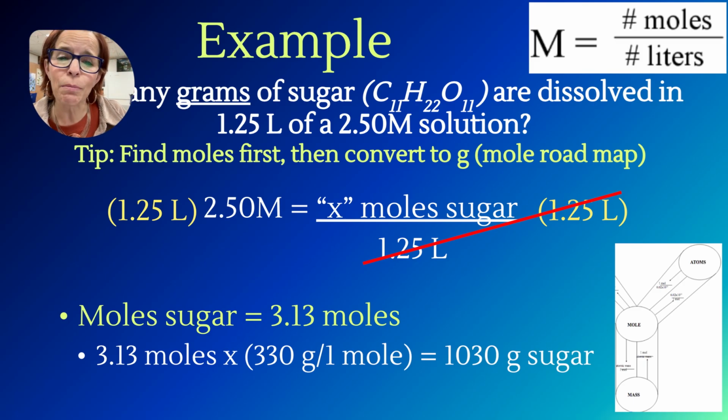You have to calculate the number of grams, C11, H22, O11, add them all up. That's approximately 330 grams. You put that on top. And then it's always 1 mole on these conversion factors. It's always 1 mole. And now moles cancel out and you're left with grams. And it would be 1,030 grams would be the amount of grams in the 2.5 molar solution.